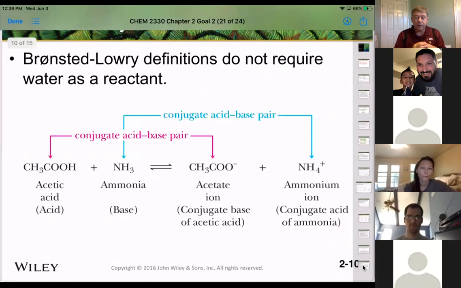Okay, and so this is the first example of where we can use Bronsted-Lowry without water: the reaction between acetic acid and ammonia to create the conjugate base of acetic acid, the acetate ion, and the conjugate acid of ammonia, which is the ammonium ion.